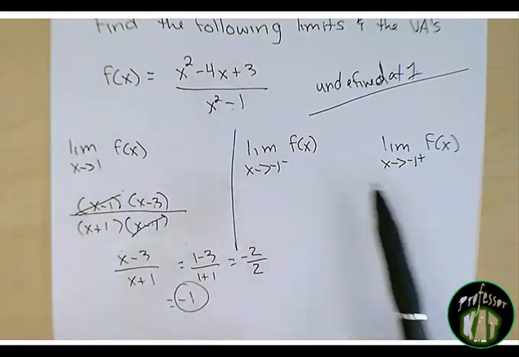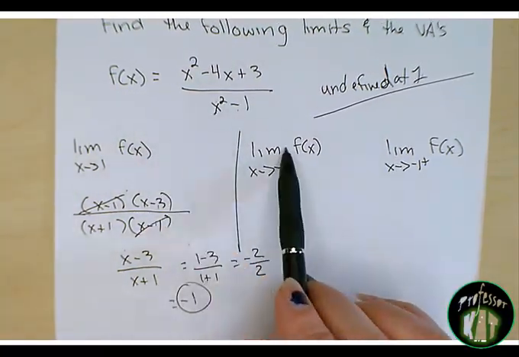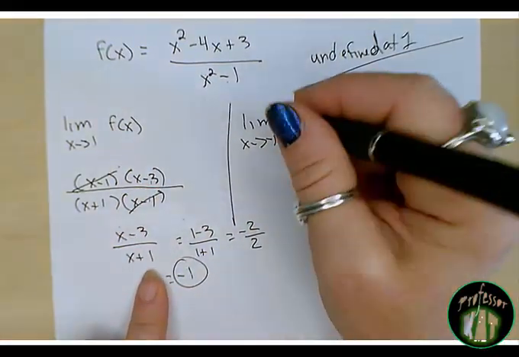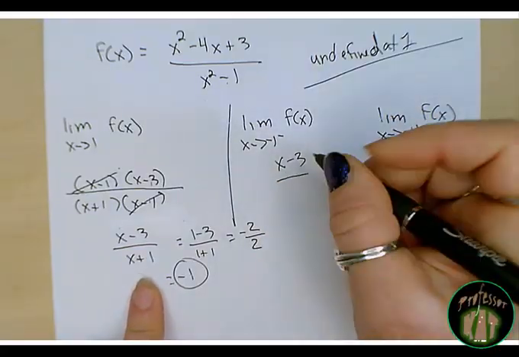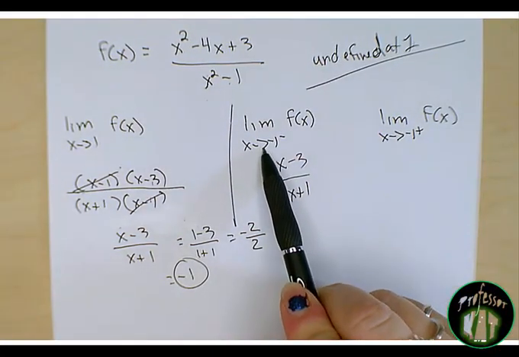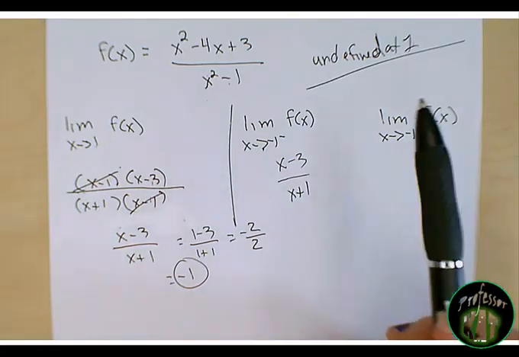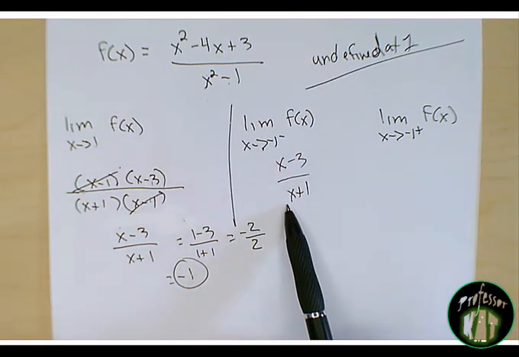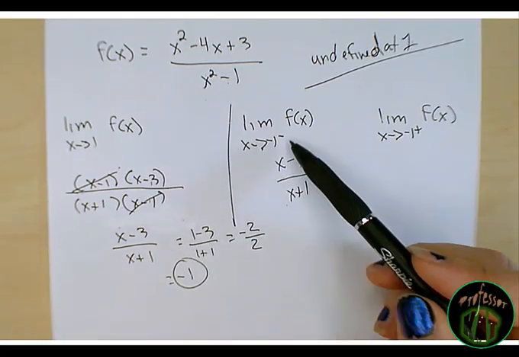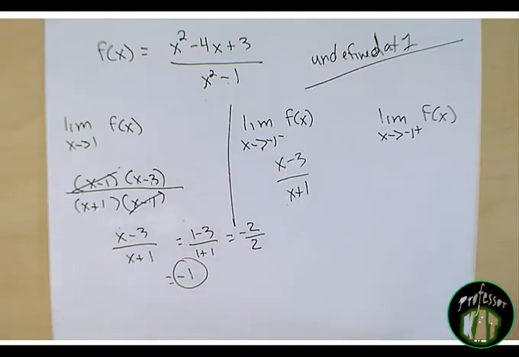Since we are using the same f of x for all three of these, we can use the same factoring and know that this is x minus 3 over x plus 1. If we plug negative 1 into the denominator, we get negative 1 plus 1, which is 0. So we are going to determine this analytically.